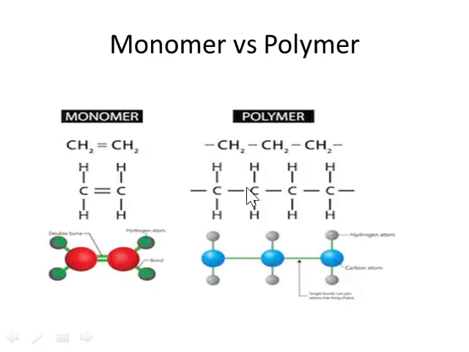You can see the carbon and hydrogen combinations here, but here you have one link to pair with another CH2. That is called a polymer.